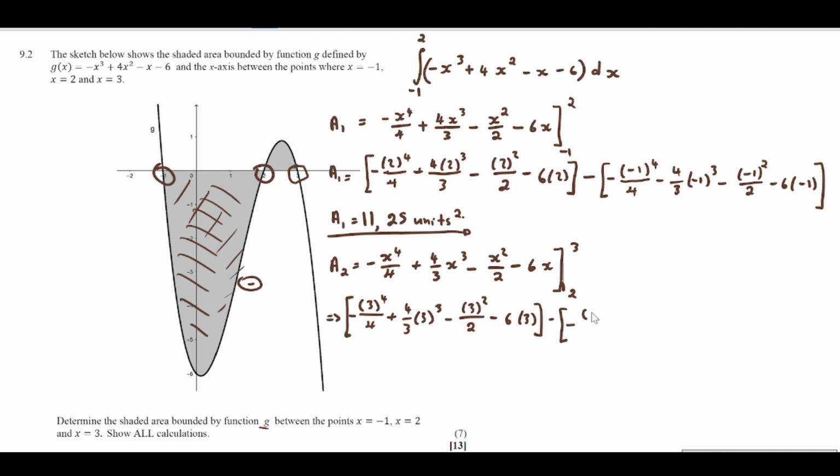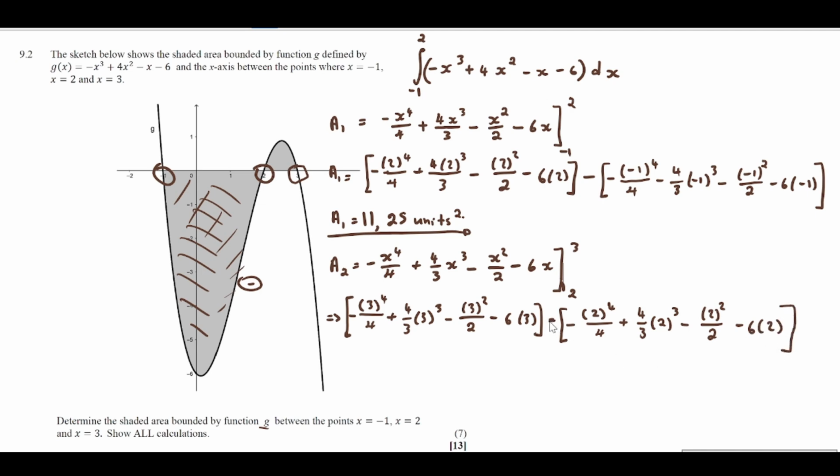We're putting 2 now. Be very careful when you're doing this kind of substitution, we can tend to make a lot of mistakes. So you're going to have 2 to the exponent of 4 divided by 4 plus 4 divided by 3 into 2 to the exponent of 3 minus 2 to the exponent of 2 divided by 2 minus 6 into 2.